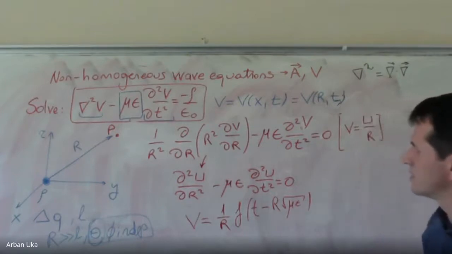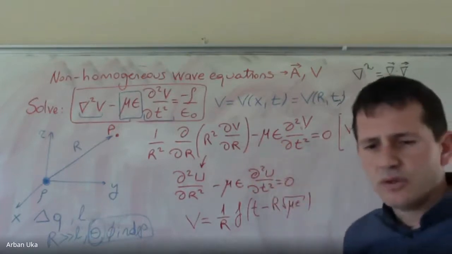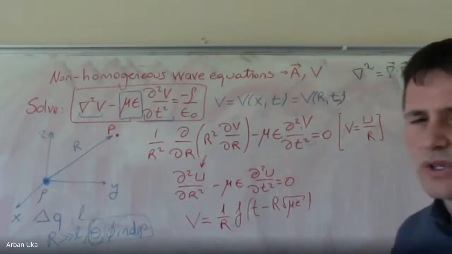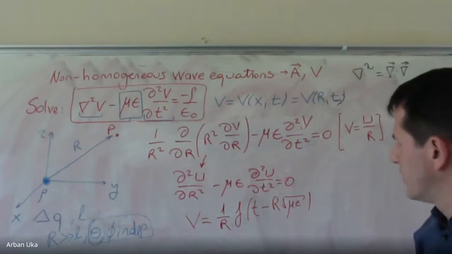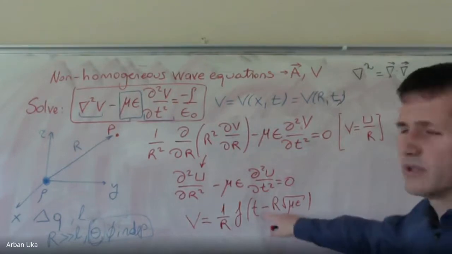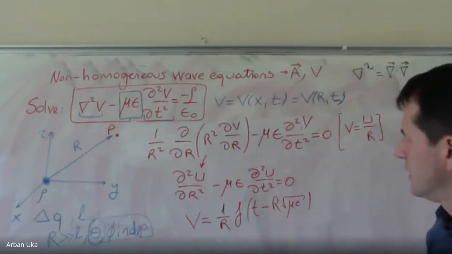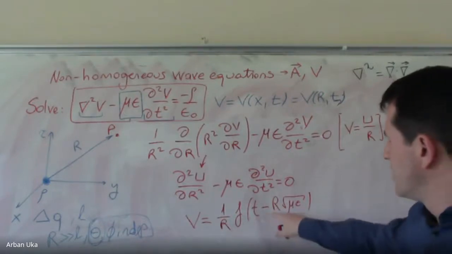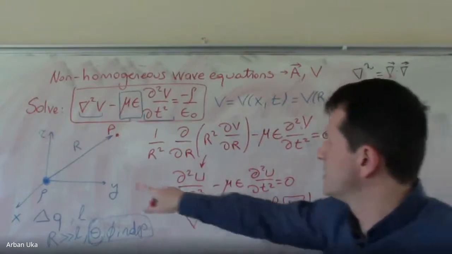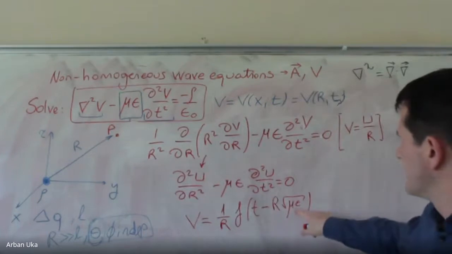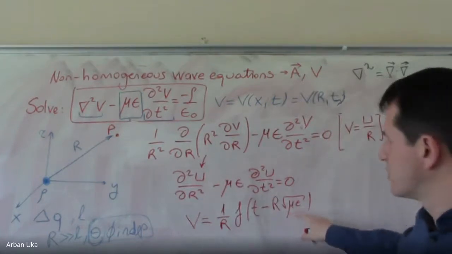Okay, so this is the solution of the differential equation. Now, we can do two things. First thing is that we can memorize this expression and be happy about it. The second thing is to use intuition and try to understand what this does. So what we see here is that the solution is a function of time, but this should be modified by another term, which is r, the distance, and this is mu permittivity, so permeability times permittivity.